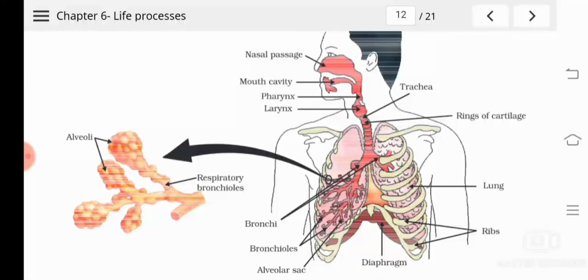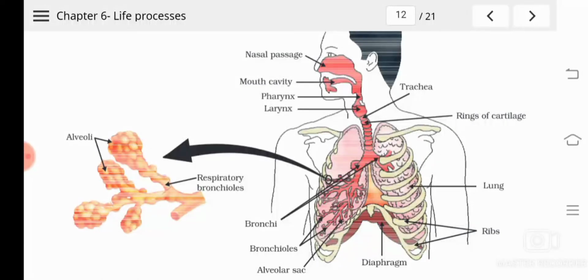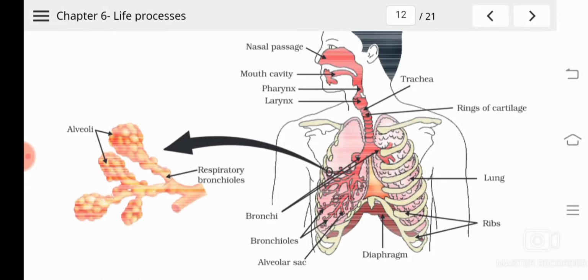Then it enters the lungs. It divides into two, and these two enter the two different lungs. As we have already studied, they divide into a number of small branches called bronchioles, and bronchioles branch again into alveolar ducts, and alveolar ducts into alveoli.